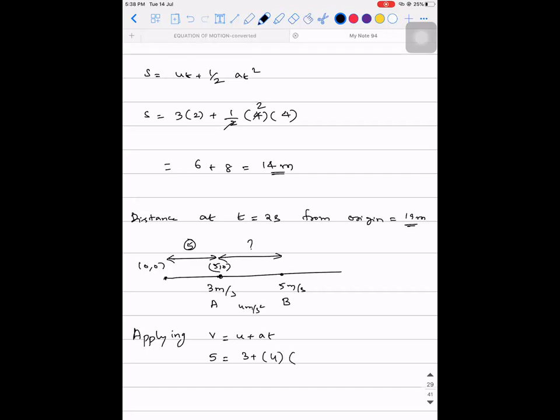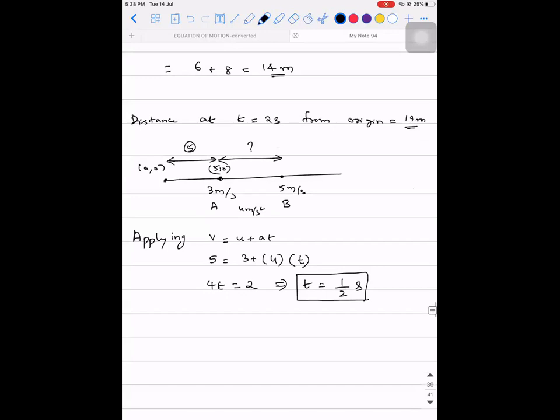So 4 into the time is t. So 4t is equal to 2, which implies t is equal to half second. So what will be the distance traveled by the object in half second when it starts with a velocity of 3 meter per second?